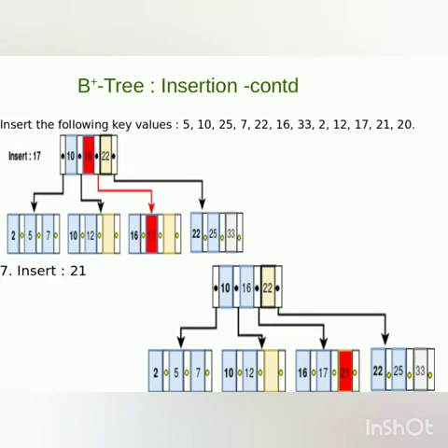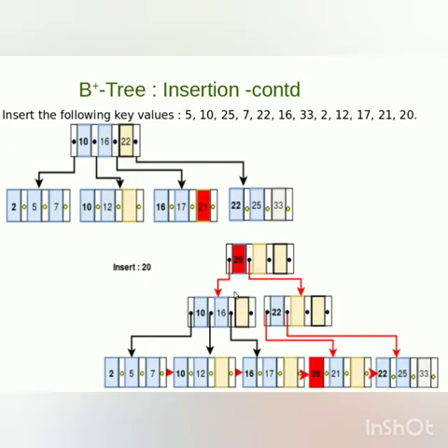Therefore, because of the addition of 20 in the leaf node, the leaf node is split into 2, and now the parent also splits, and 20 is the new root node. This is the structure after this.